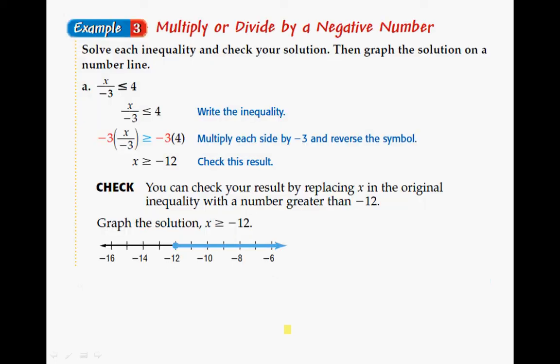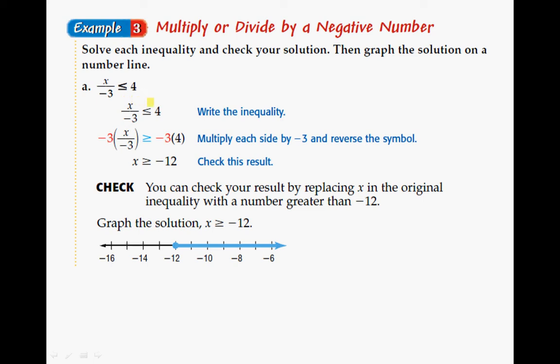All right, so let's check this out. Multiply or divide by a negative number. Solve each inequality and check your solution, then graph the solution on a number line. And here's another way you can prove that you do have to flip that symbol. Some number divided by negative 3 is less than or equal to 4.